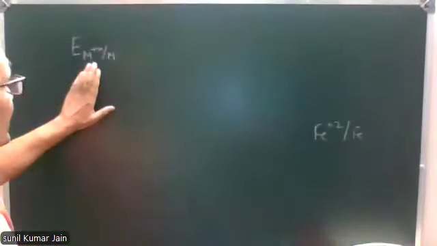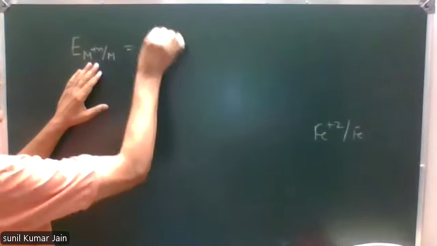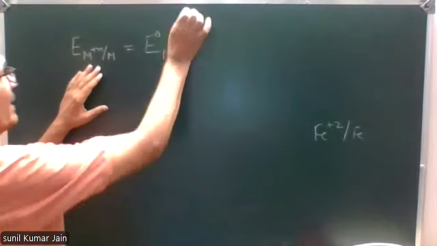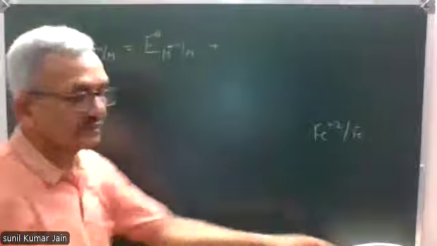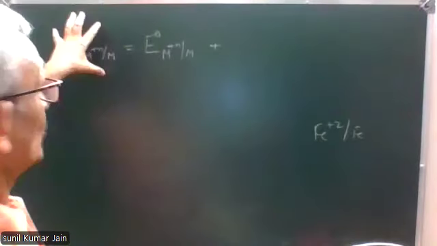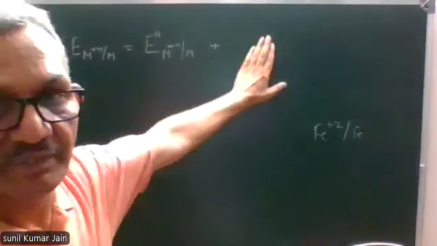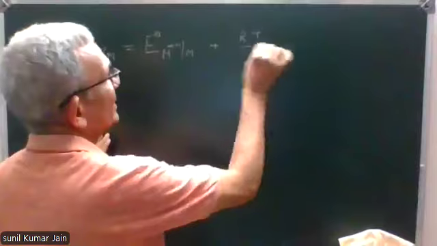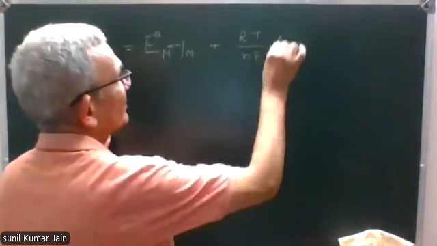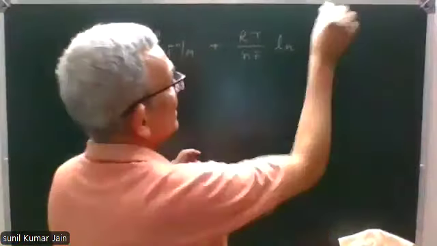So E of M^n+ oblique M is equal to E naught of M^n+ oblique M. So this non-standard REPV is equal to standard REPV plus RT divided by nF ln. Ln, you know, is natural log.